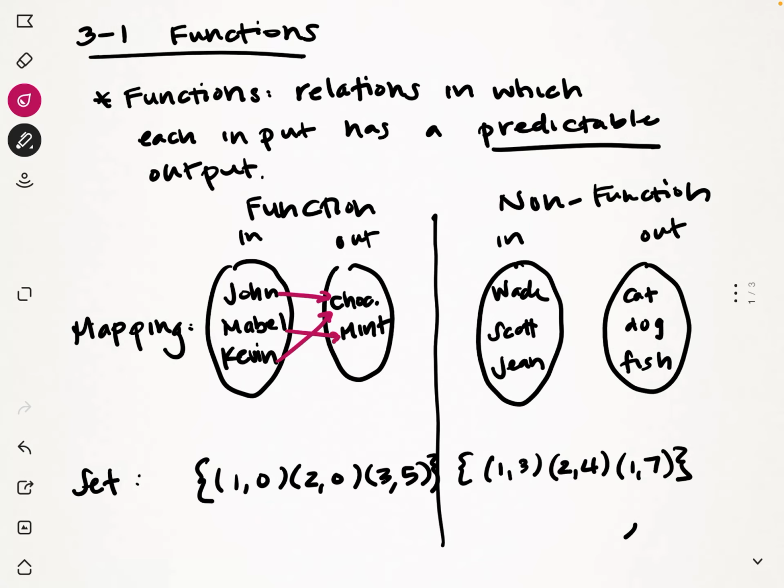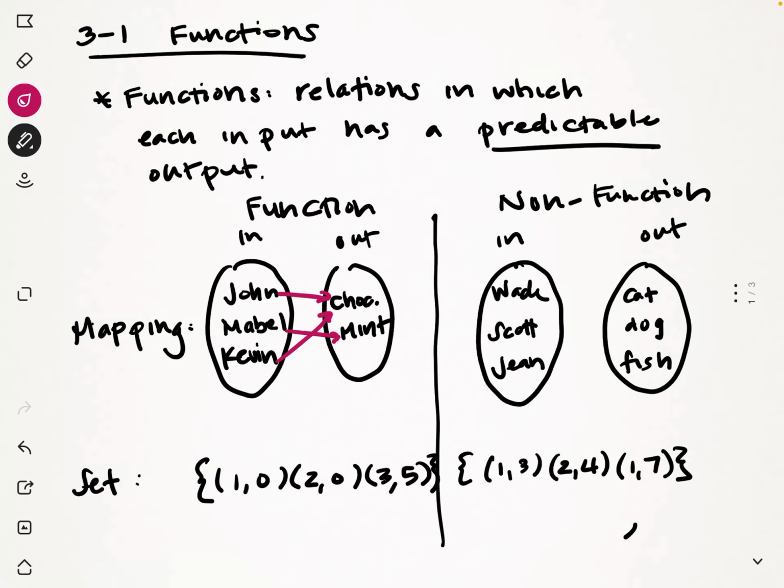Now, notice that John and Kevin are both going towards the output chocolate, and that's fine. That's still a function because John only goes to chocolate and Kevin only goes to chocolate. So if I asked you what is John's favorite ice cream flavor, you could tell me that it's definitely chocolate. So this is a function. The way we're doing this is the left-hand side will be a function, the right-hand side will be a non-function.